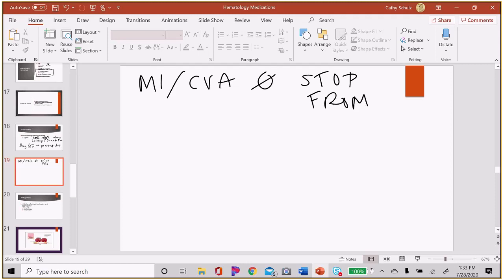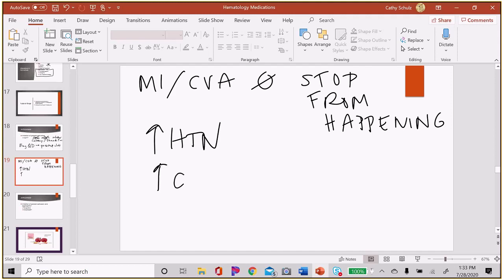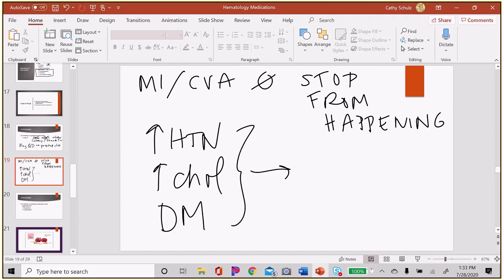And so a provider would recommend that people with a history of hypertension and high cholesterol and diabetes might consider taking a daily aspirin to prevent them from developing clots that could lead to an MI or CVA, because we already know that people with these problems are at very, very high risk.